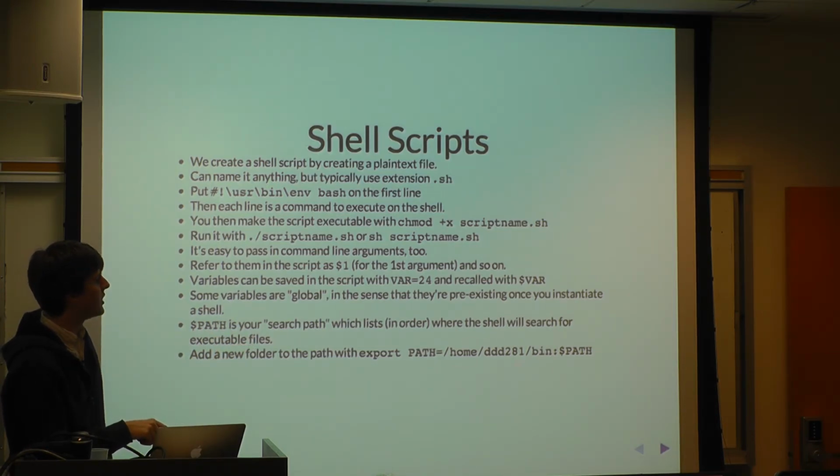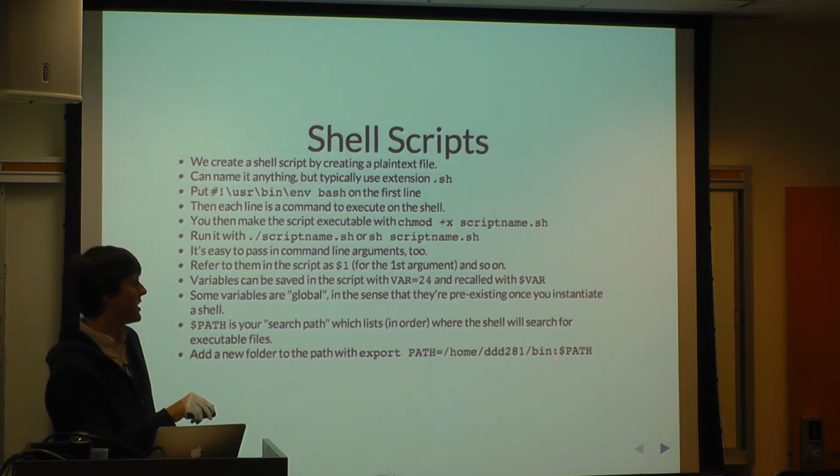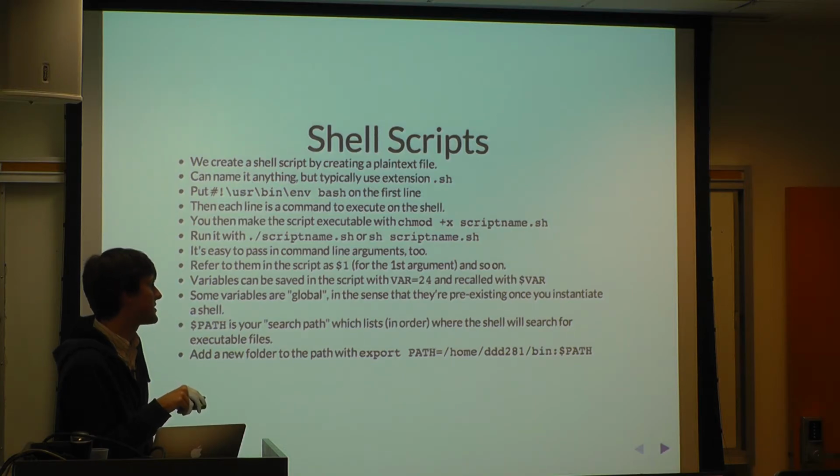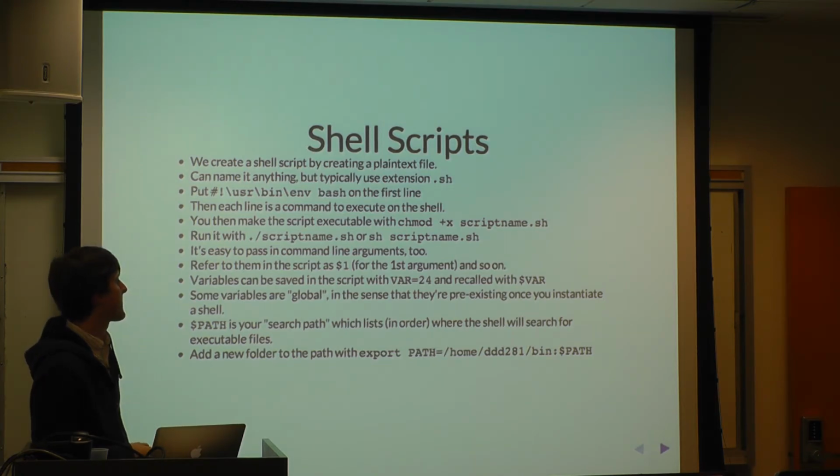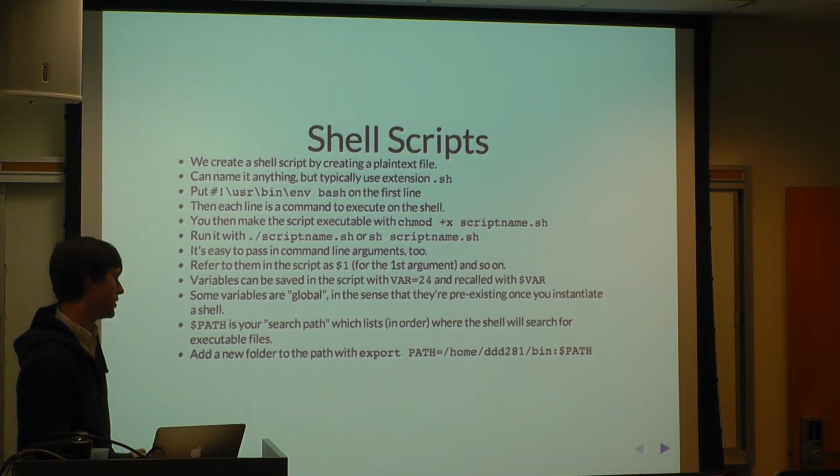So now I've added a new folder which contains some executable files within my home directory that it's going to search before it searches for anything else on the system. So that can be useful to us and will be useful to us.